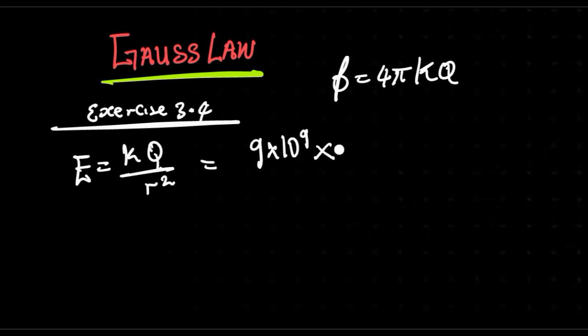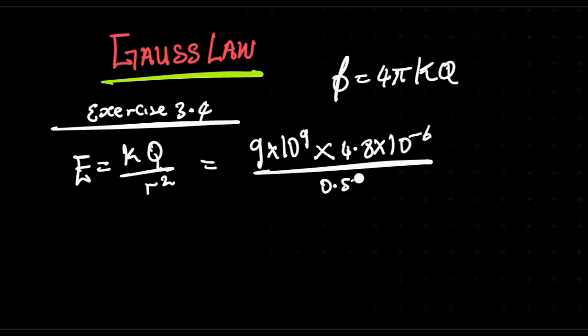What's your q? 4.8 times 10 raised to power minus 6. What's your r? 0.55, all squared. Press that in your calculator now.